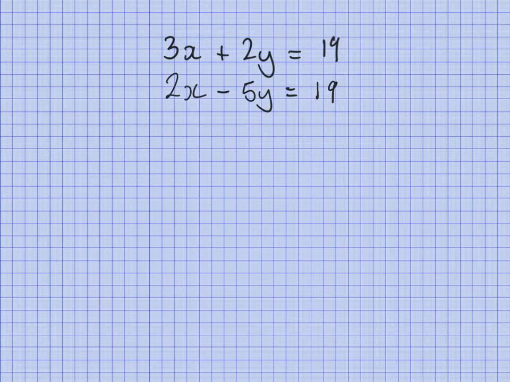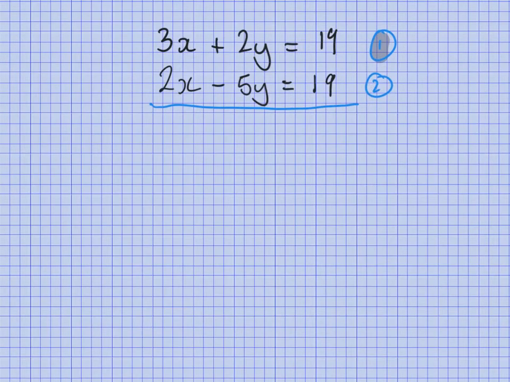So if we take equation 1 and times that by 2, that'll give me 6x, and equation 2 times by 3 will give me 6x. So that's my first step. I could have chosen to make the y's the same, but in this case, I've gone for using the x's.